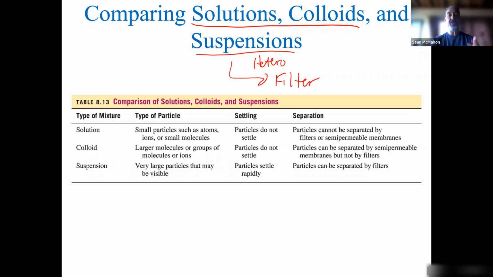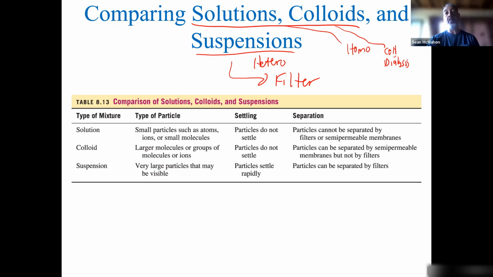Now, filter paper pores are too big for the homogeneous mixtures, both solutions and colloids, so you can't separate their particles through filter paper. With colloids, because the particles are big, they're macromolecules, I can use a semi-permeable membrane like the cell membrane, and we can talk about the concept of dialysis in a few moments. We'll be talking about how dialysis is an example.